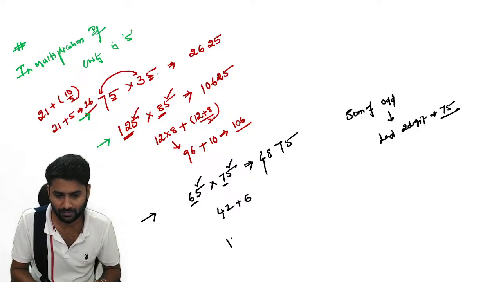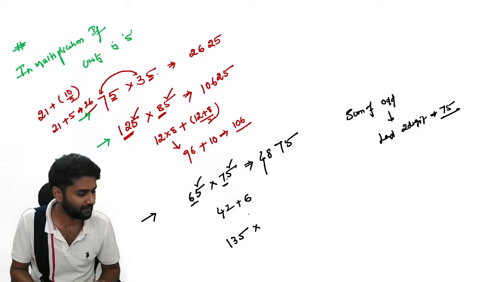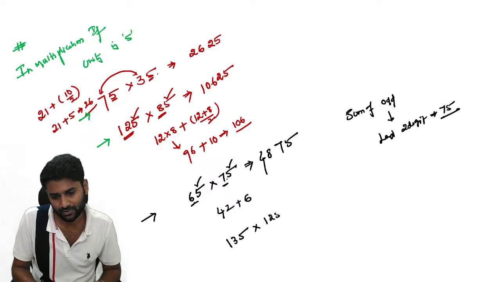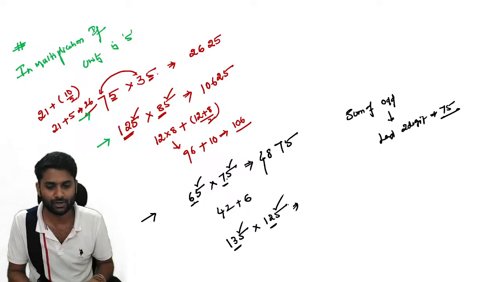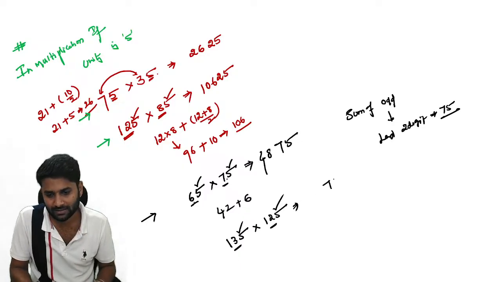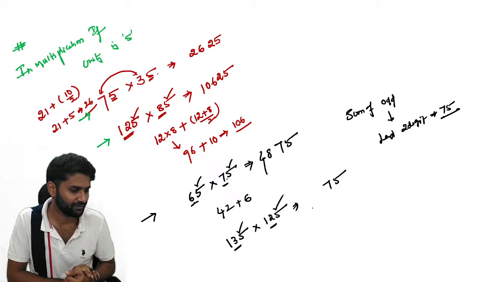Let me take one more example. If 135 is multiplied with 125, now see, here 5 into 5 is 25. But 13 plus 12 is 25. I told you if the sum is an odd number, then the last two digits are 75.